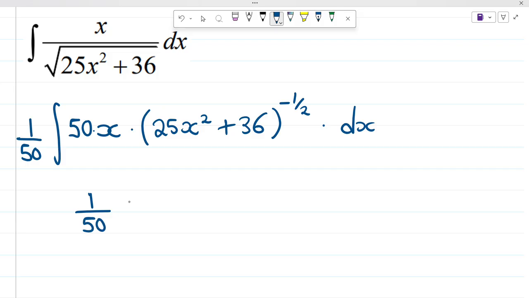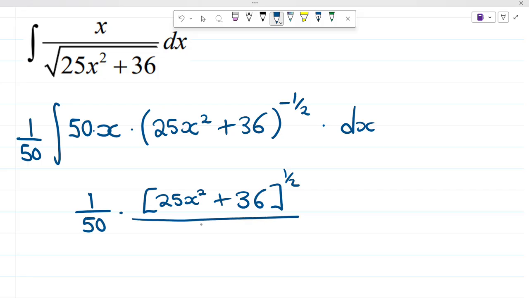So we're going to have 1 over 50 multiplied by, now we apply our general power rule, 25 x squared plus 36 to the power -half plus 1, which is +half, and then you divide by that +half, then you say plus c.